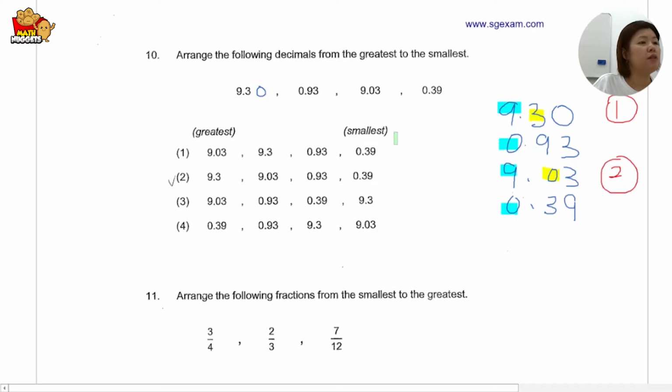Now let's take a look at the next one. Now it's 0 and 0. So we compare 9 and 3. So 9 is bigger than 3. So 9 will be the third one. And 3 will be the last one. So if you can see, it is actually option number 2.